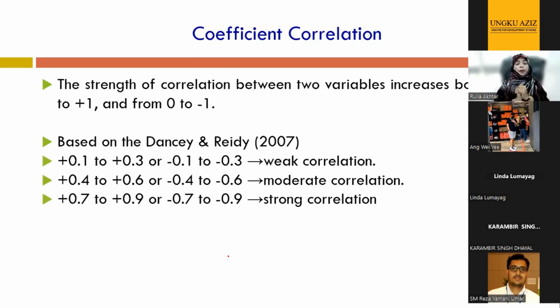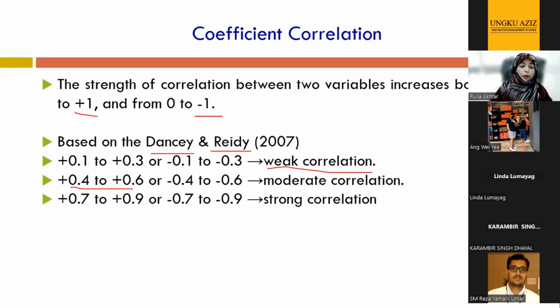Now you see here, the extent of the correlation between two variables increases. I have already mentioned 0 to -1. Based on Dancey and Reidy, if the values are 0.1 to 0.3, there is a weak correlation, which can be positive or negative.